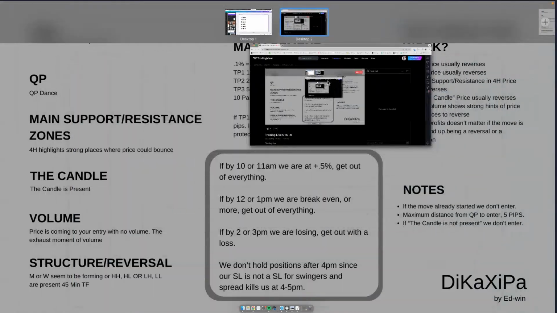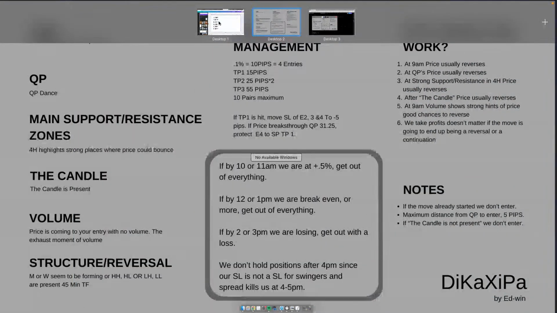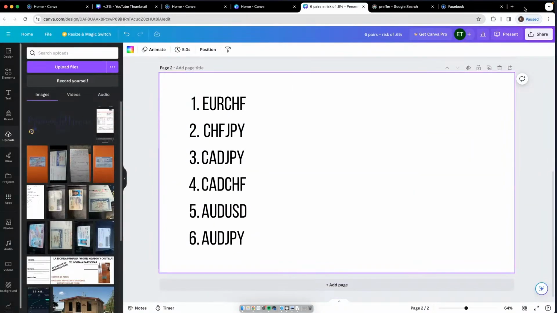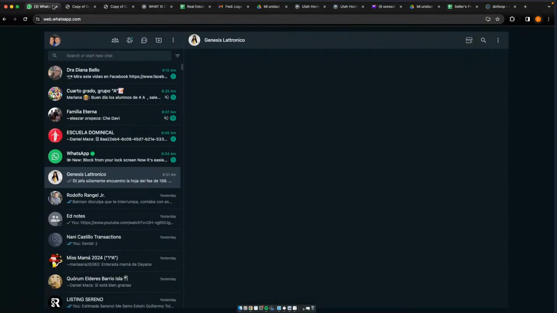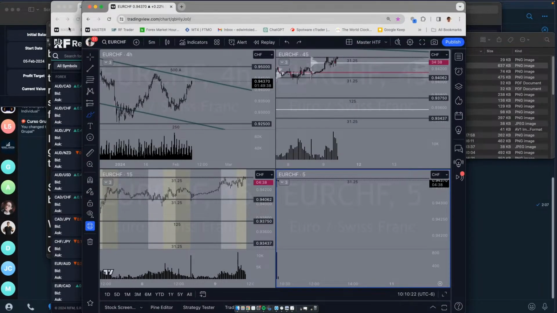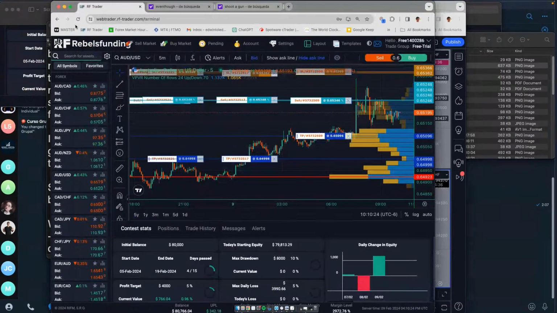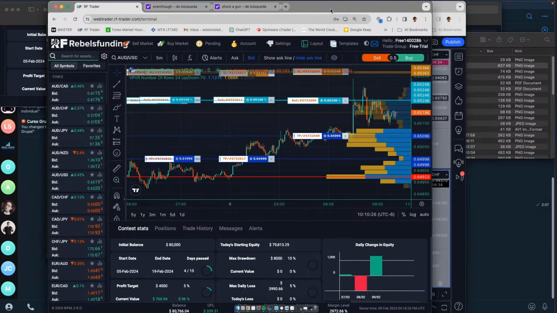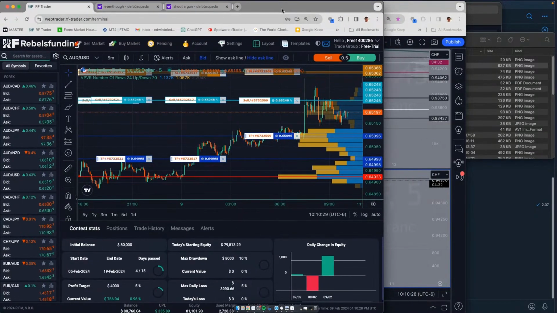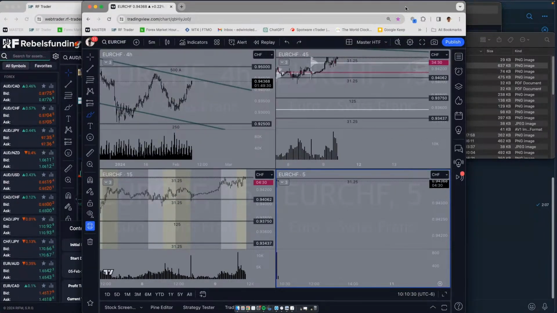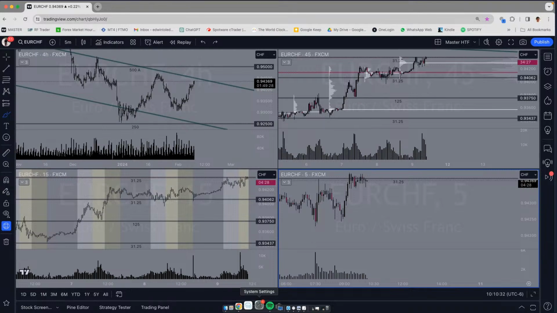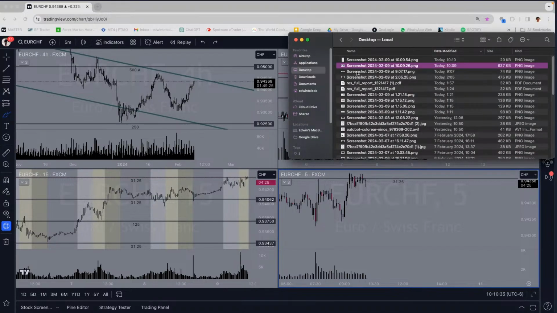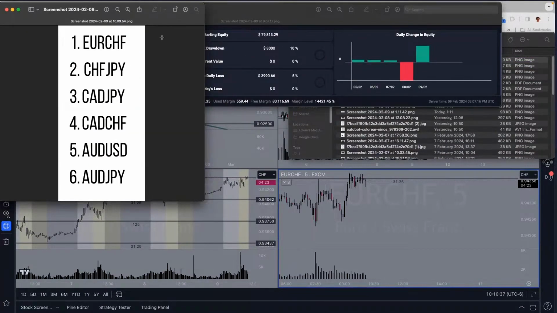Bear with me. This is right there. Okay, and this we can minimize this one, and we can minimize this one. And this is our trading. This is our things. Okay, now we can open the screenshot.